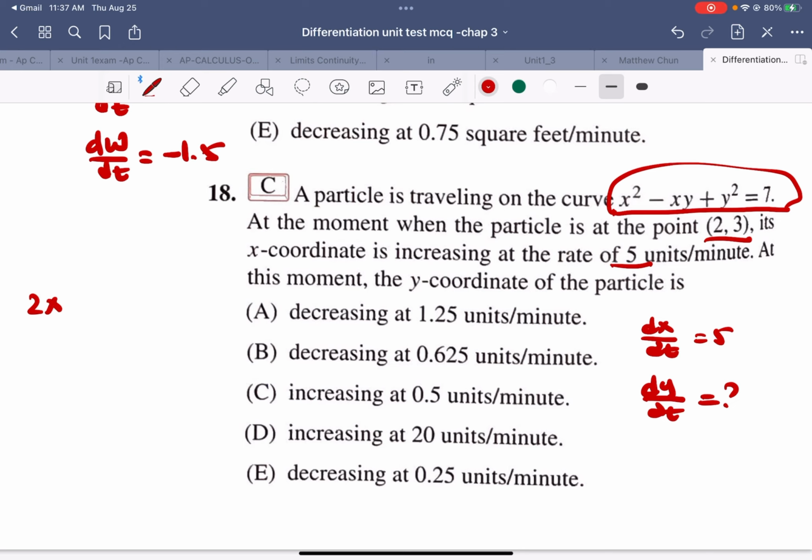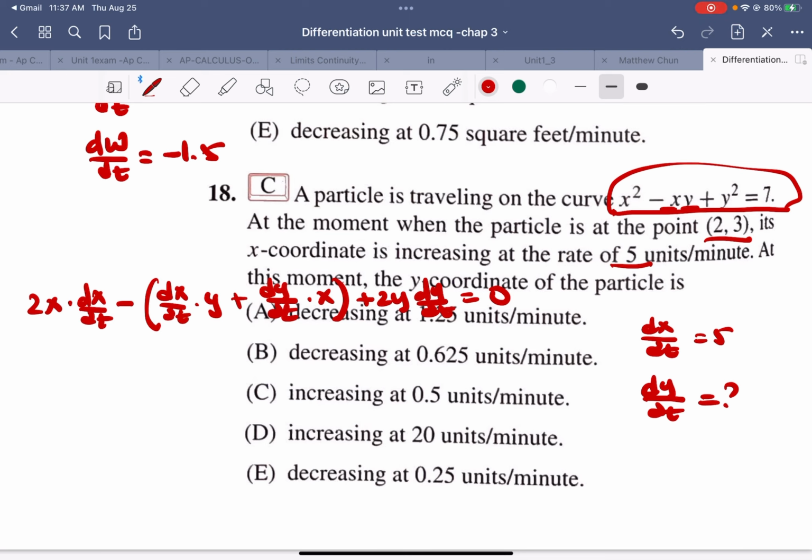So 2x times dx/dt, because you're not taking the derivative in terms of x, you're taking a derivative in terms of t. So you have to attach dx/dt, and this one is a product rule, minus dx/dt times y plus dy/dt times x, plus 2y dy/dt equals 0.